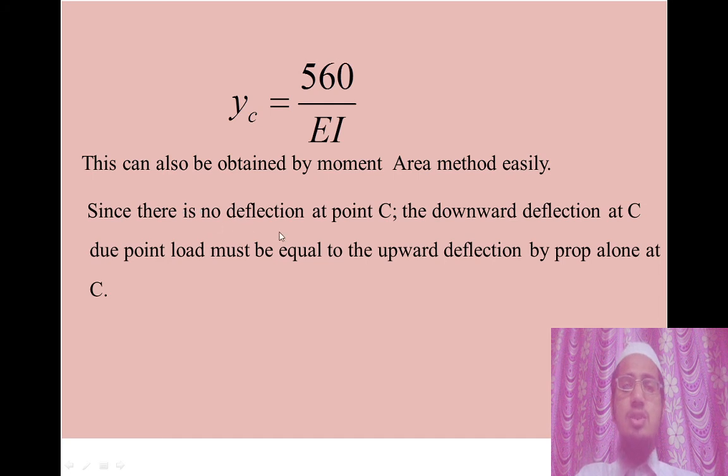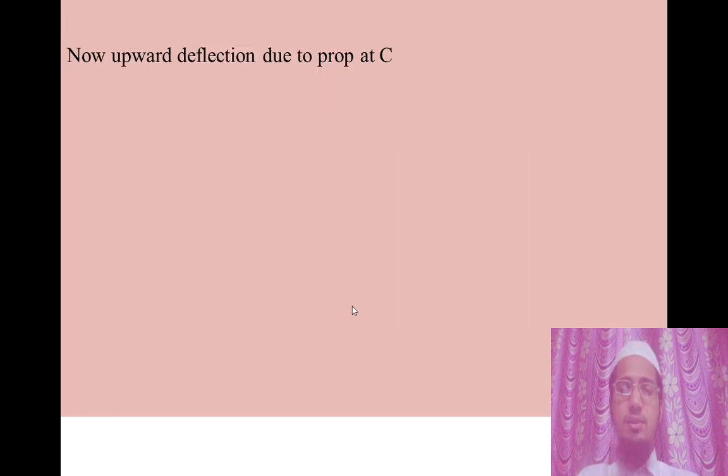Since there is no deflection at point C, the downward deflection at C will be equal to the upward deflection by the prop alone at C. So let's calculate the upward deflection due to the prop at C. Let's consider only the cantilever up to the prop, at a distance of 4 meter, that is the portion between A and C.